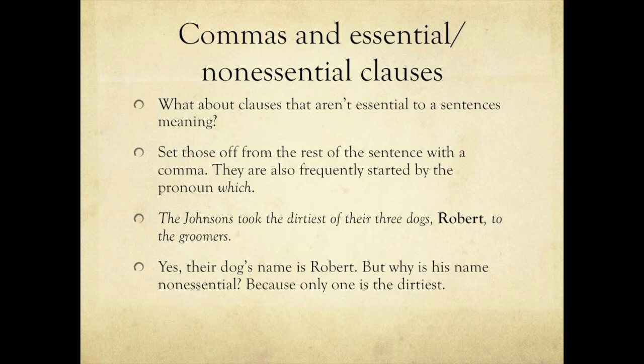Because why? Because only one dog can be the dirtiest, right? Because that's the superlative form of the adjective dirty. In other words, we're saying one, right? The dirtiest of the 3 dogs. There's only one of those. There's no confusion about which of those 3 dogs we're taking to the groomers here. Then the dog's name, Robert, is non-essential.